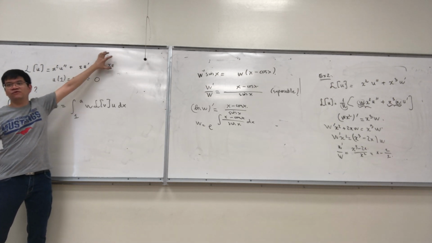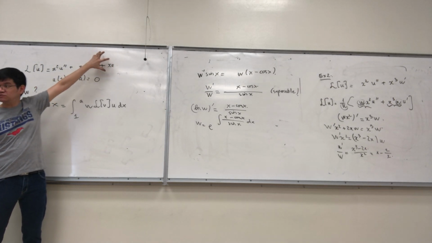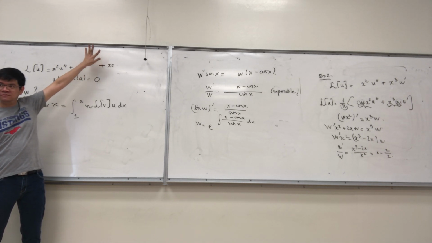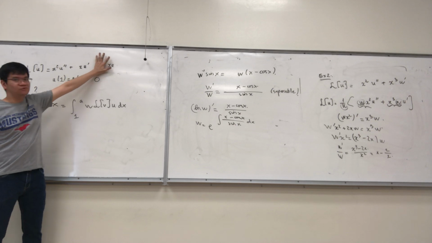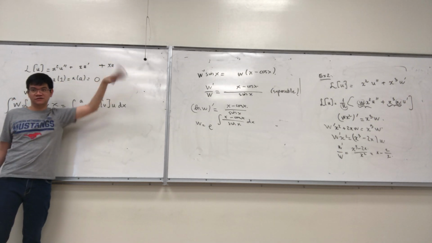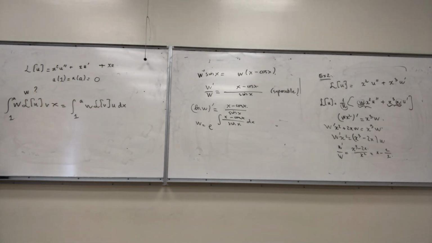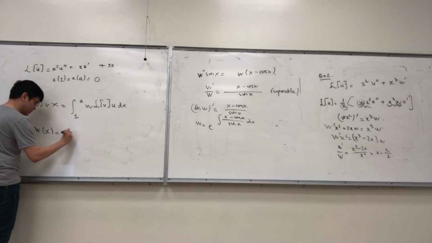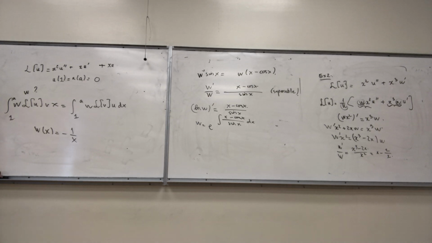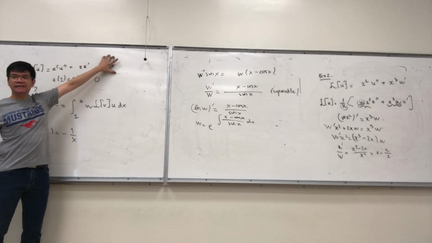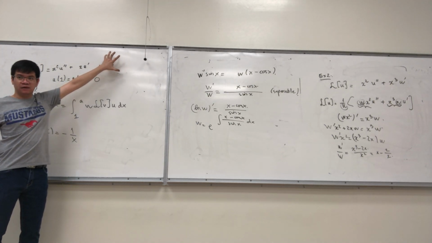What is the w for the operator with x u? It's going to be the same. You don't care about this linear zero order term, right? So the w will be minus 1 over x. It's going to be the same as in the case where you don't have x u.